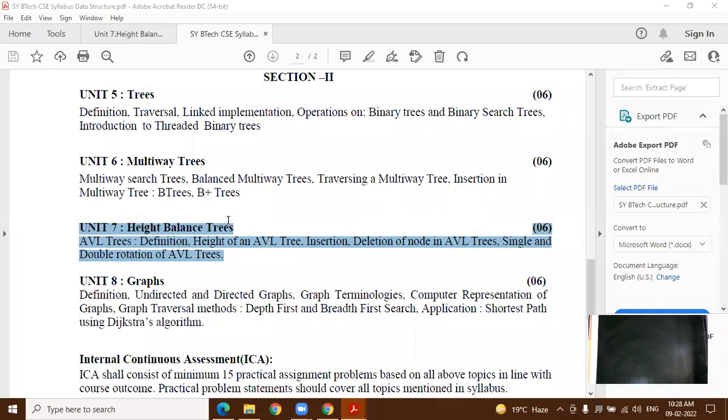Now we have seen the binary trees, different types of binary trees. So what do you mean by skewed binary trees? Left skew and right skew. Have we seen them or not? Yes, sir. Left skew and right skew.